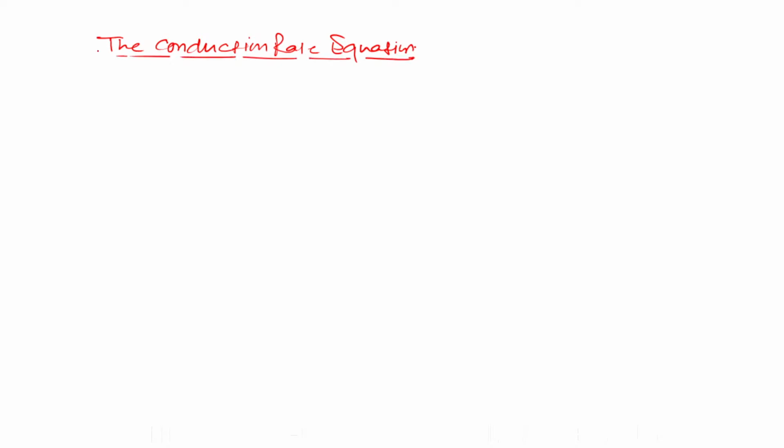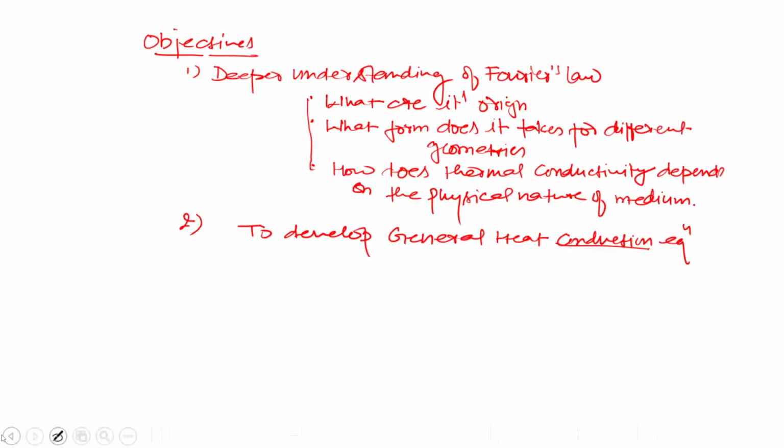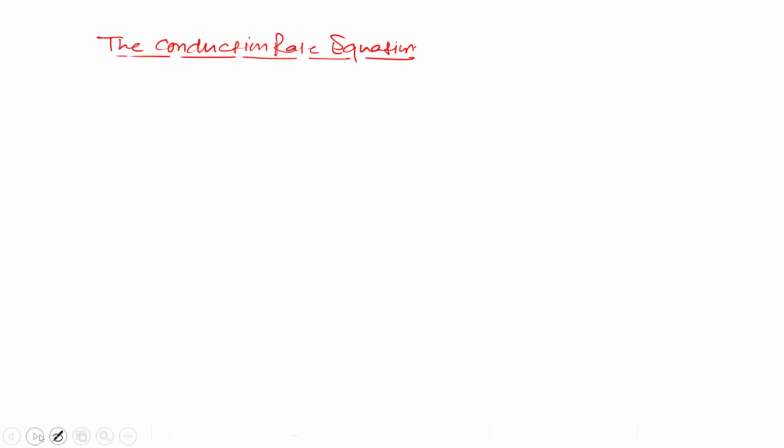Now listen. Now we are going to start the conduction equation from its origin. Fourier's law is a phenomenological equation, that is, it is developed from the observed phenomena. That's why it's called a phenomenological equation. It is not going to be derived.